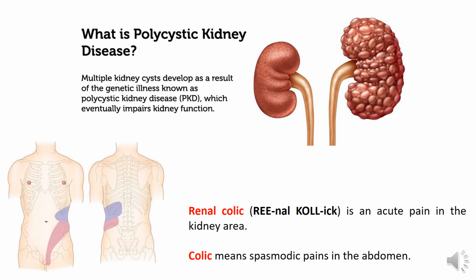Renal colic. Colic is acute pain in the kidney area. What's colic? Colic means spasmodic pain in the abdomen.